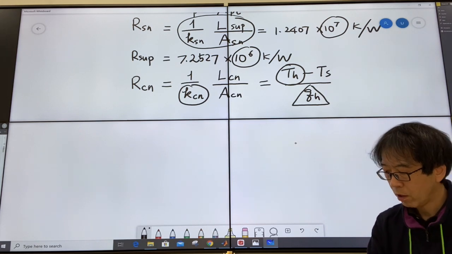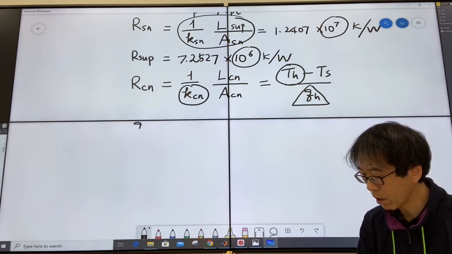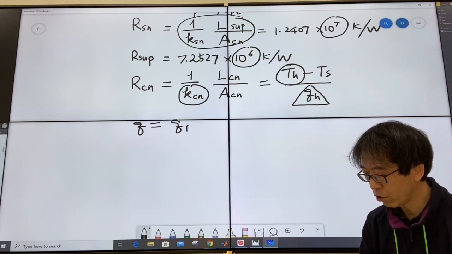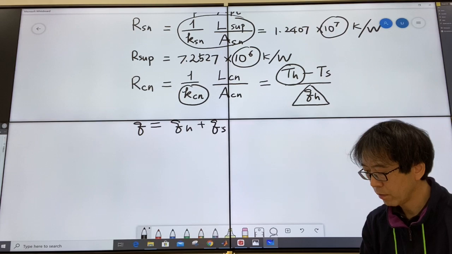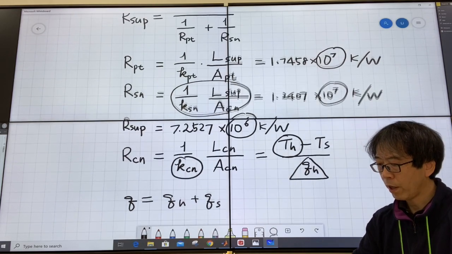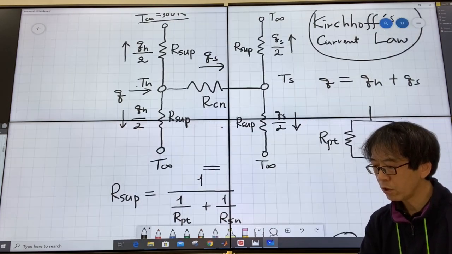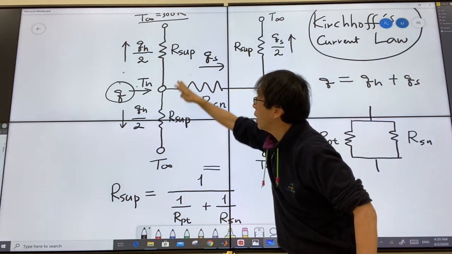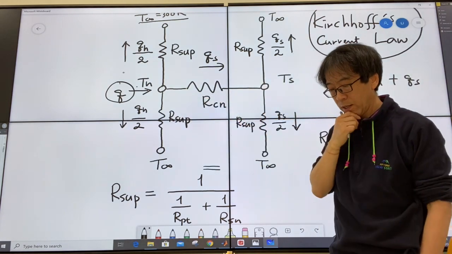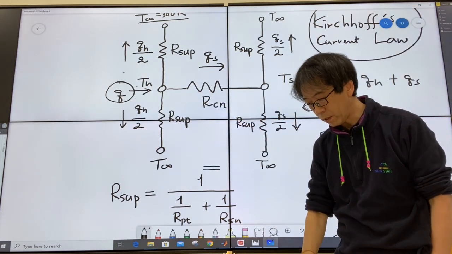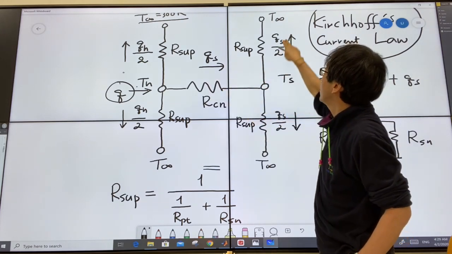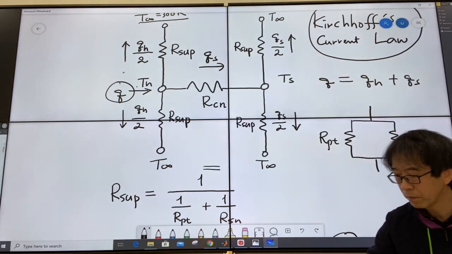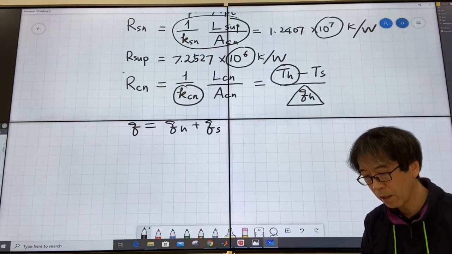First of all, we have the current flow, which needs to be like this. Whatever heat has been generated will be transmitted up and down and across this carbon nanotube, right? That is QS. Half of it will move up, the other half will move down. That's our equation right here.